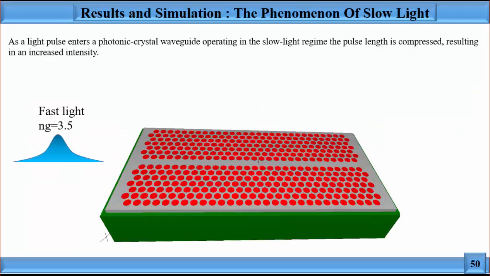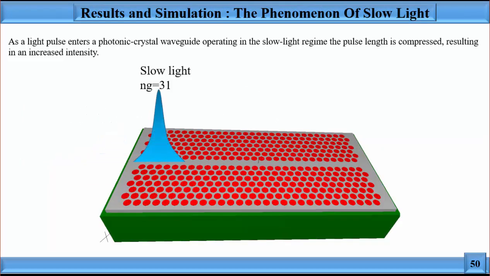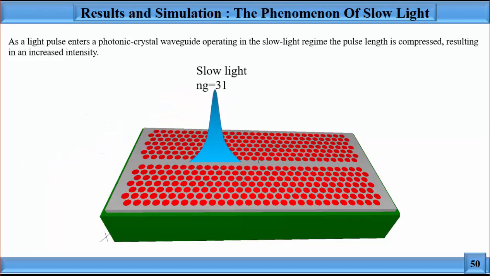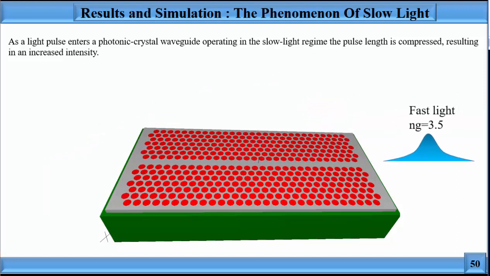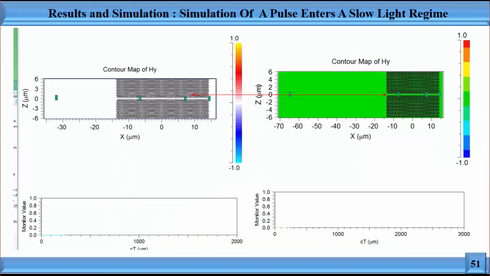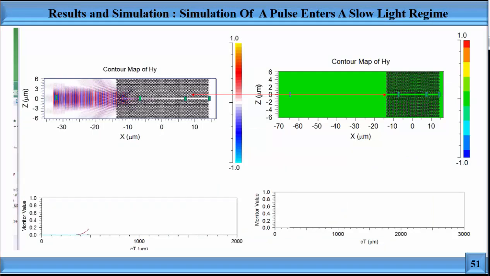Slide 50. As a light pulse enters a photonic crystal waveguide operating in the slow light regime, the pulse length is compressed, resulting in an increased intensity. Slide 51. As we see in this video, we see a wave entering the slow light regime. We notice an enhancement in light intensity.